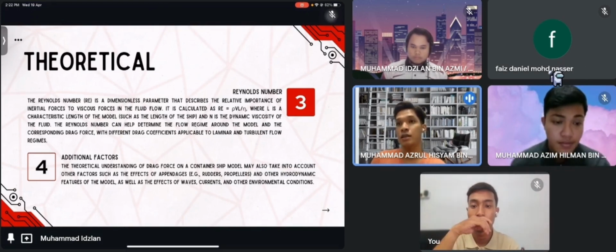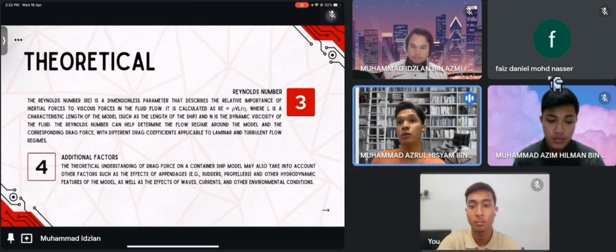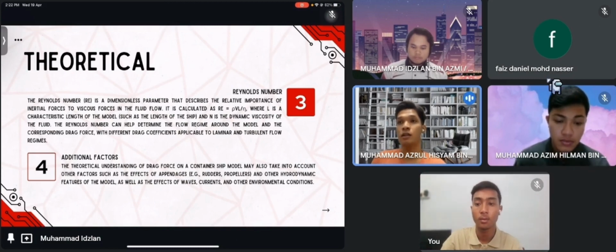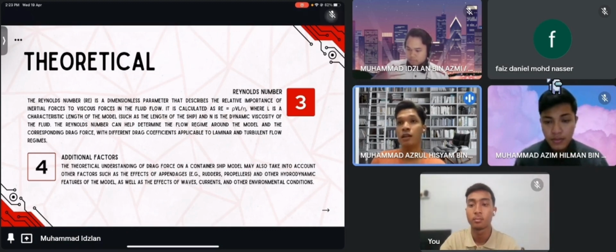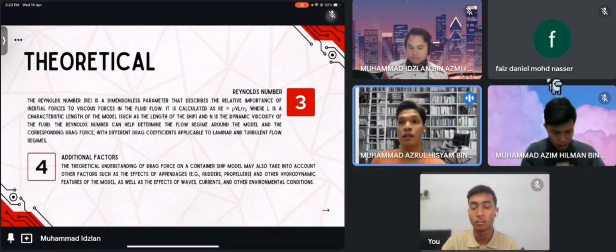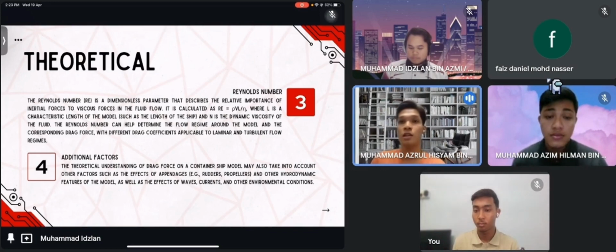It is calculated as Reynolds number equals rho v L over mu, where L is a characteristic length of the model, such as the length of the ship, and mu is the dynamic viscosity of the fluid. The Reynolds number can help determine the flow regime around the model and the corresponding drag force, with different drag coefficients applicable to laminar and turbulent flow regimes.